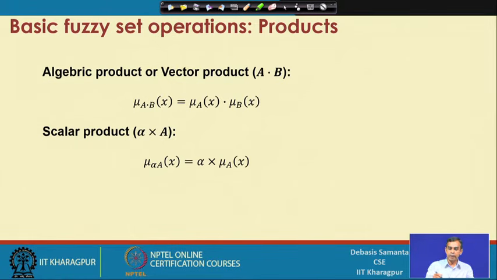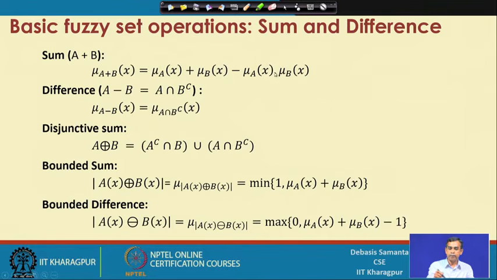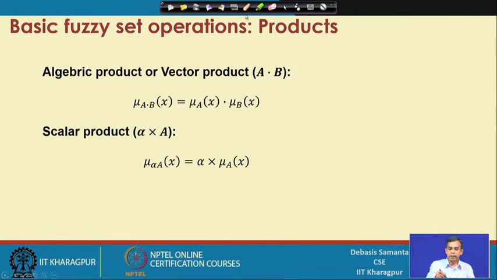The algebraic product or vector product is denoted by the dot symbol, A dot B, where A is a fuzzy set and B is another fuzzy set. The membership function for the resultant fuzzy set is obtained using this formula. It is simply the product of the values of the membership functions of fuzzy sets A and B.